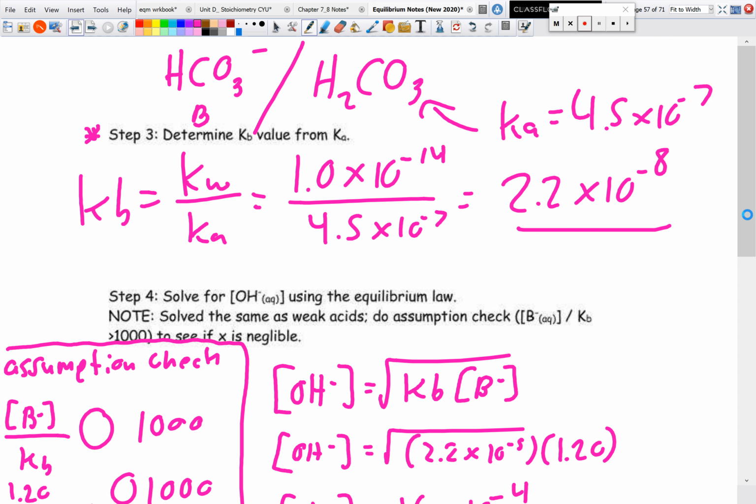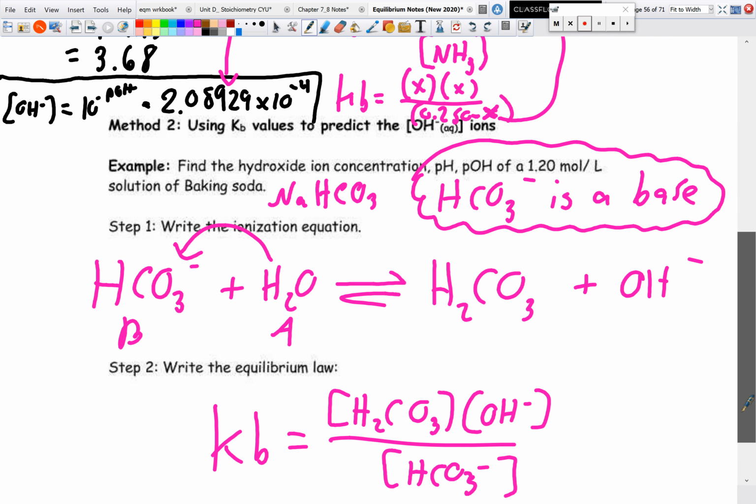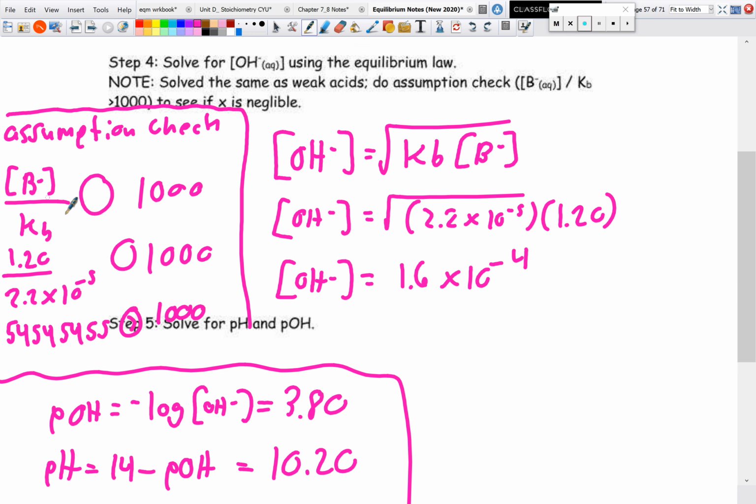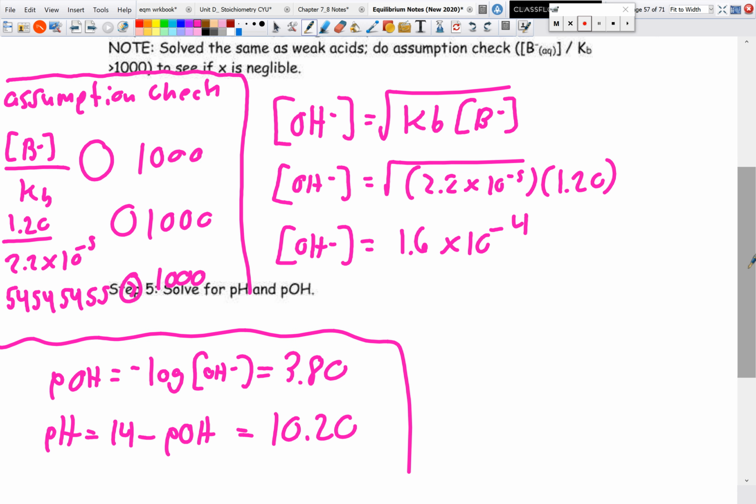And that's really the only different step, because once you realize something is a base, you write your equilibrium law, highlighting that it's a base. You get Kb, you do your assumption check, and all you're doing is swapping out hydroxide for hydronium, Kb for Ka, and the concentration of the base instead of the strong acid. And that is how we solve all of the base strength stuff.